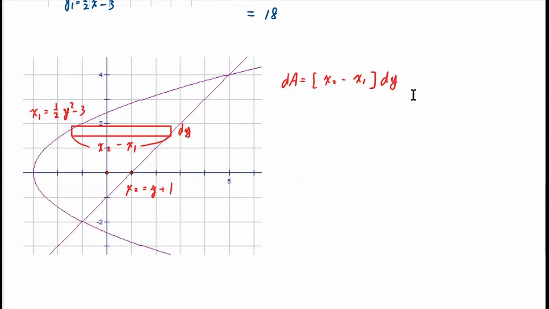We convert, in this case, both of them to y. So we have that equals sign. We have y plus 1 minus 1/2 y squared minus 3 dy. You get it?